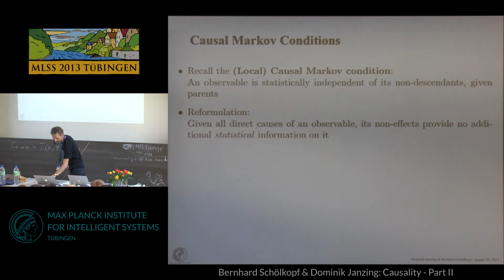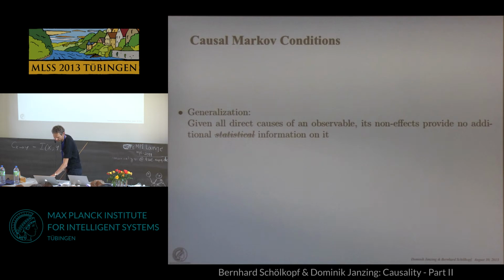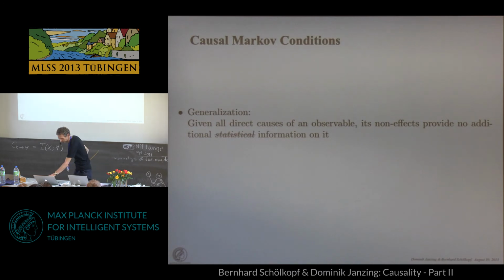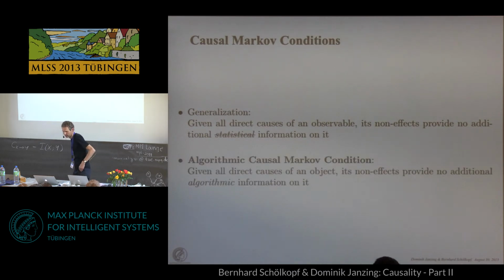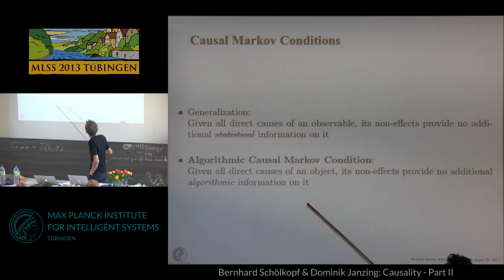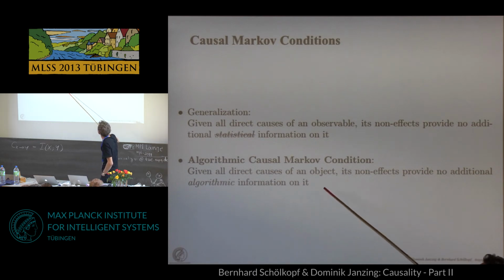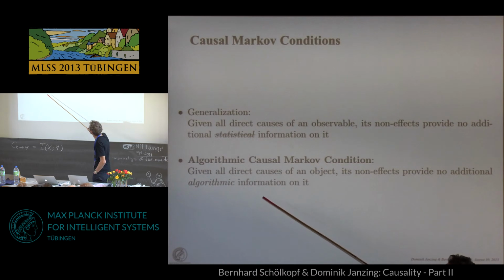And then we slightly change it and drop the statistical and formulate a different kind of Markov condition, the algorithmic causal Markov condition. Given all direct causes of an object, its non-effects provide no additional algorithmic information on it.